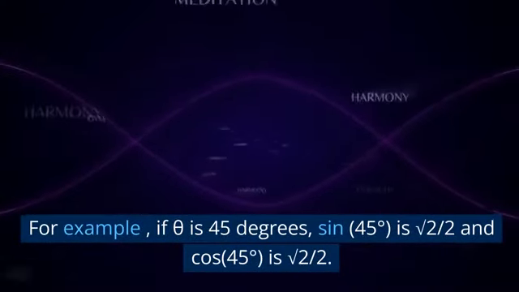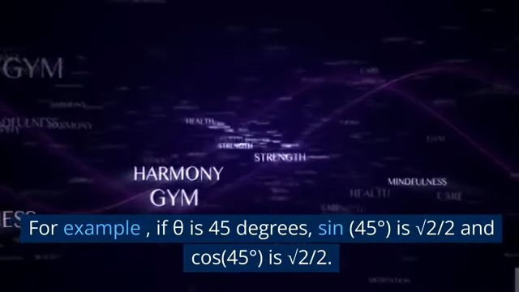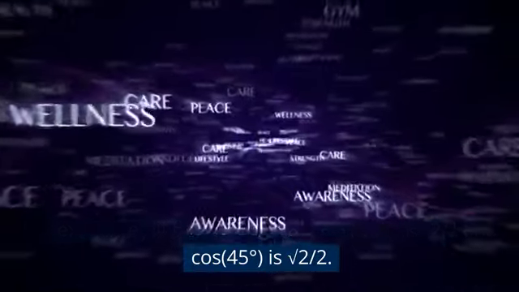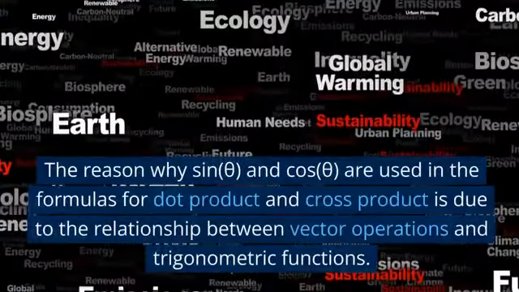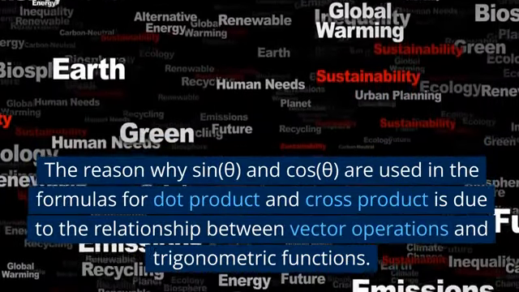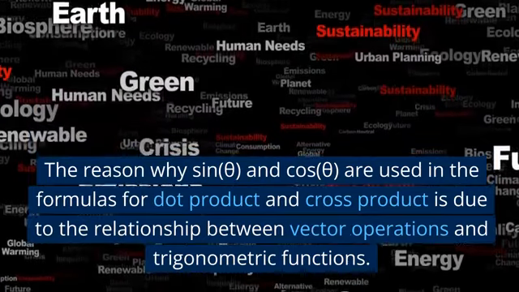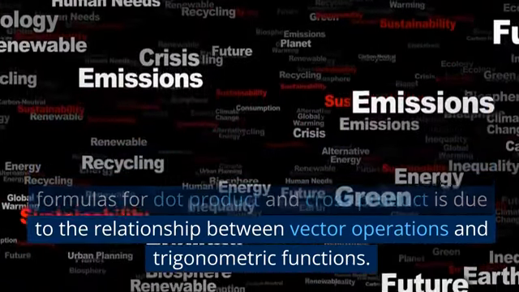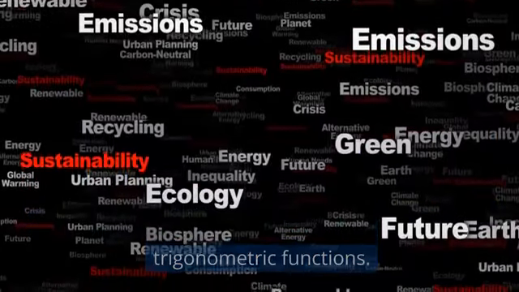For example, if theta is 45 degrees, sin 45 degrees is square root 2 over 2 and cos 45 degrees is square root 2 over 2. The reason why sin(theta) and cos(theta) are used in the formulas for dot product and cross product is due to the relationship between vector operations and trigonometric functions.